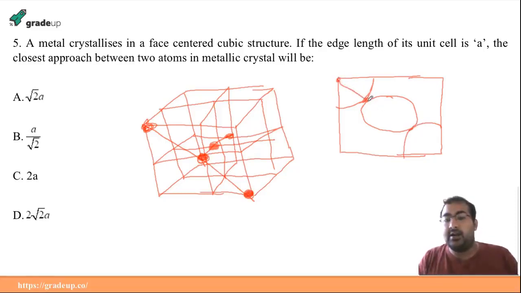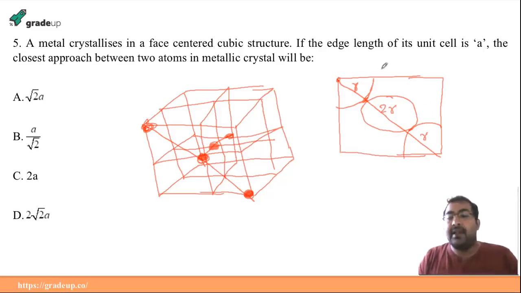So if I draw this line, which is the diagonal of this face, they are all in line with each other. If this is the radius of the atom in the FCC arrangement, this length will be 2r, and this other length will be r.